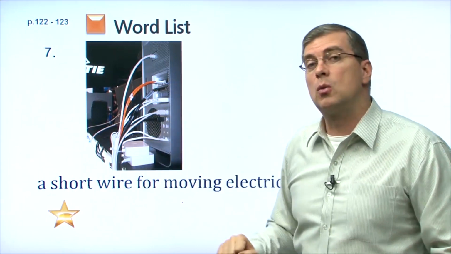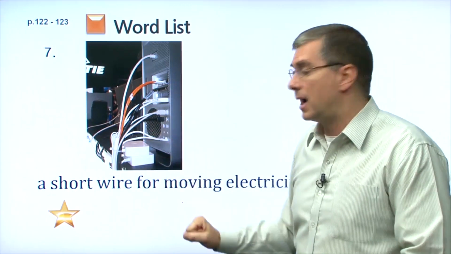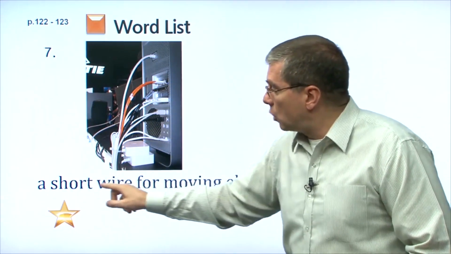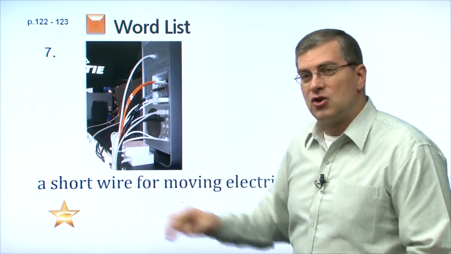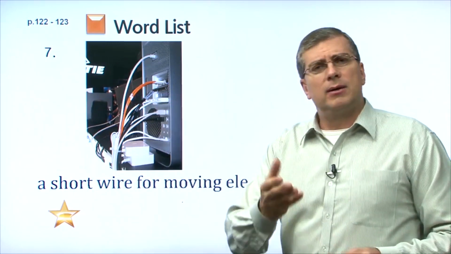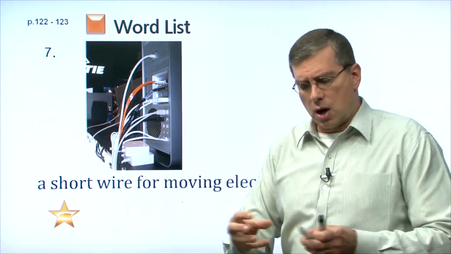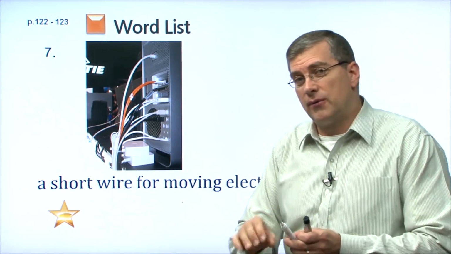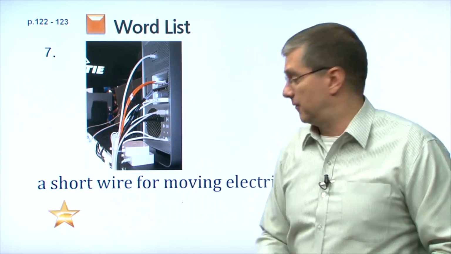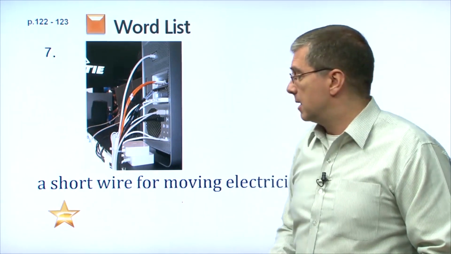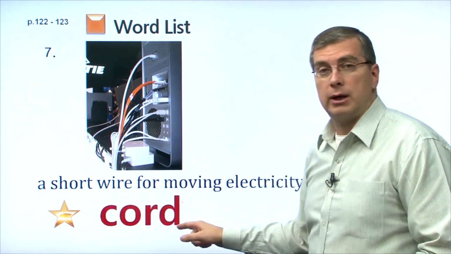This is a special word for these kinds of wires. This is a short wire for moving electricity. Electricity travels through a wire. But on your computer or on your battery pack for your cell phone, you have small wires. We have a special word for that. What is that word? That word is cord.